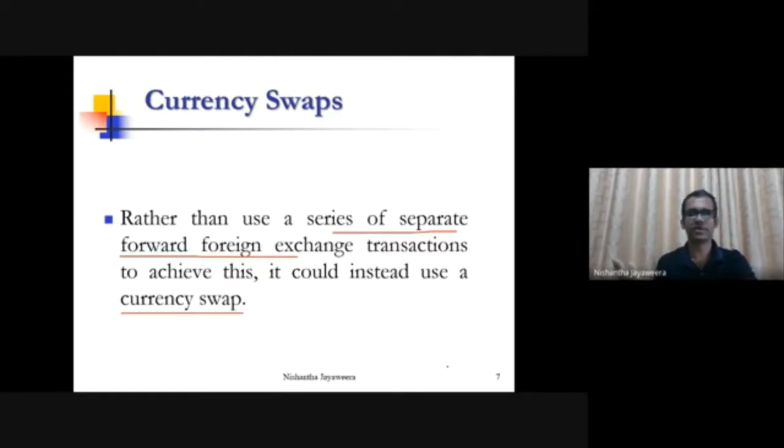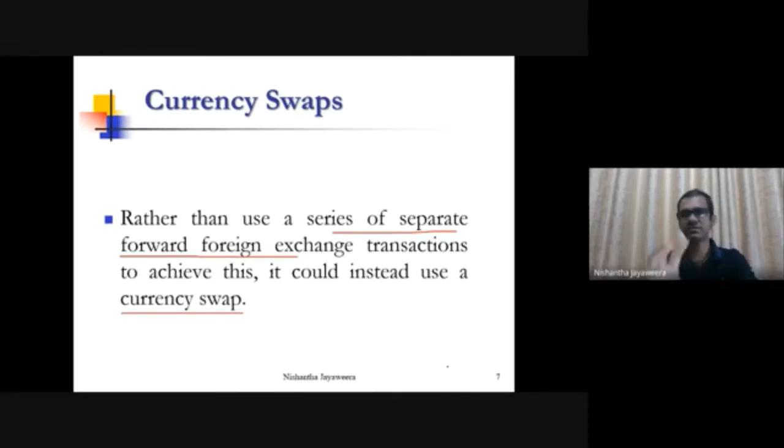Then you have to analyze and select the best option, considering your market view, the cost, and the benefits. Then you decide which product you are going to use to hedge your position.